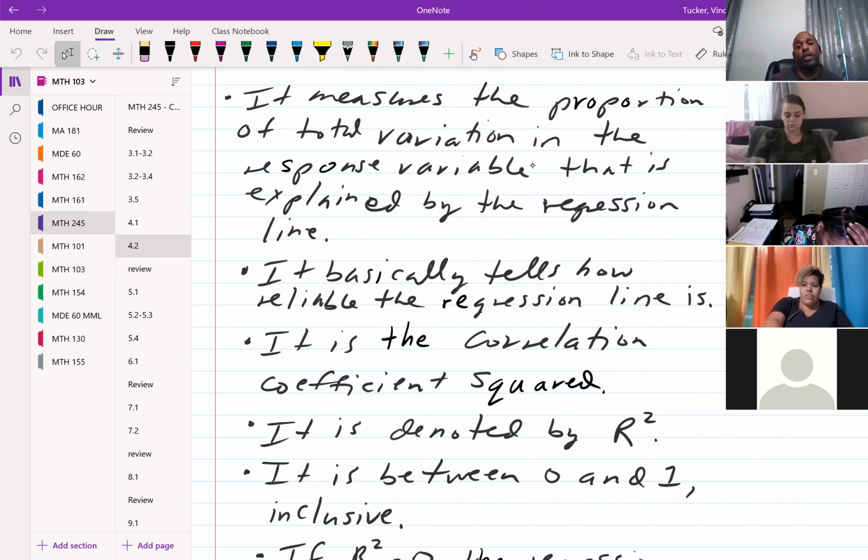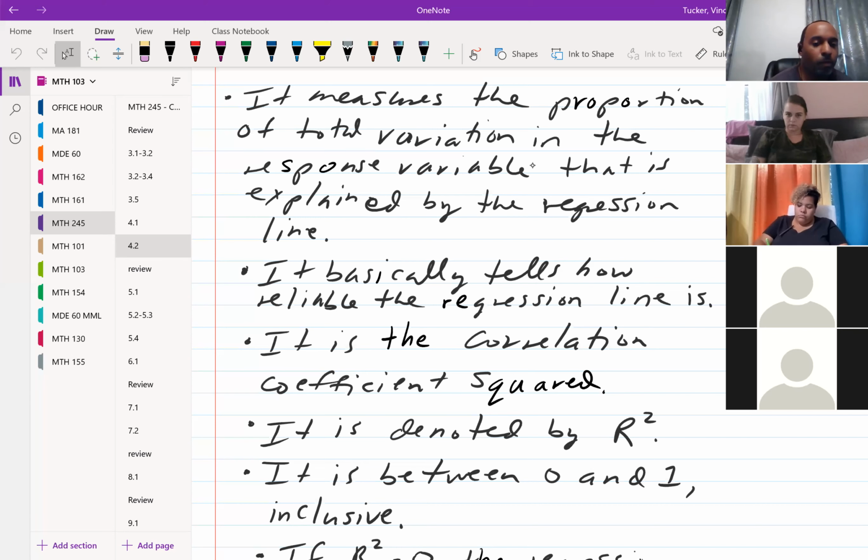It is actually the correlation coefficient squared. So now it's just one more step past something you've already calculated. You just square the correlation coefficient. It is denoted by capital R squared. It is between 0 and 1 inclusive.